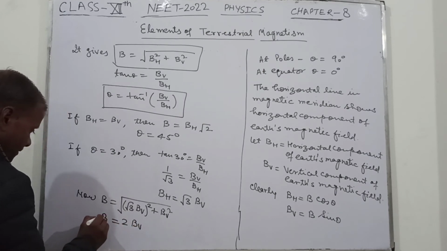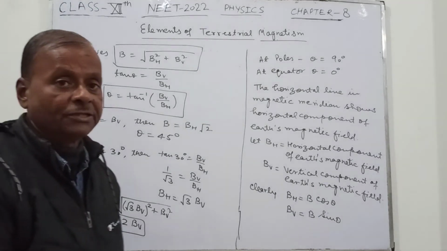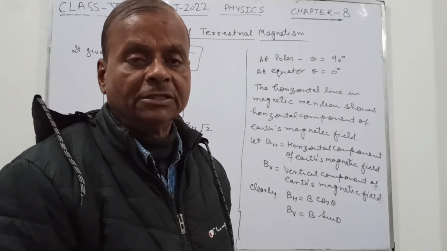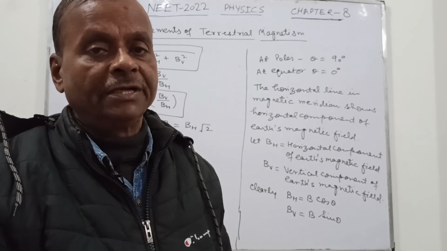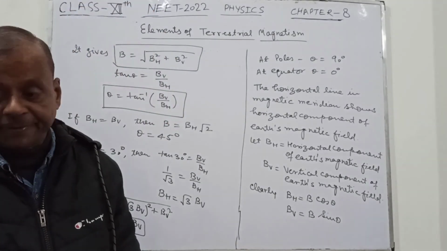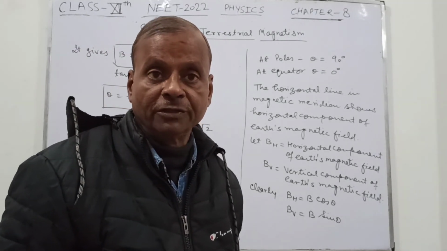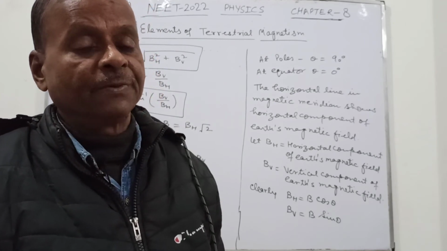This is equal to B. So if we have the knowledge of the angle of inclination, we can find the horizontal component and the vertical component of the Earth's magnetic field. And always remember that at the poles the magnetic field is vertically downward and at the equator it is perfectly horizontal.